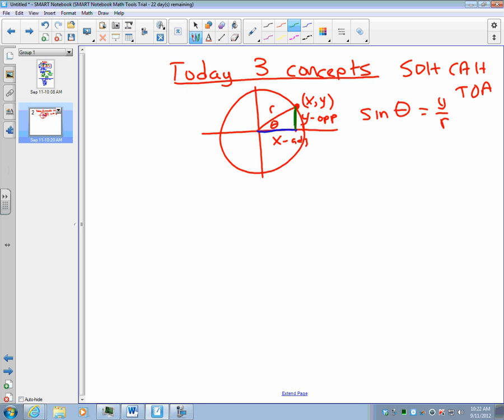Okay, so sine would be opposite over hypotenuse, which is y over r. Cosine would be what? Adjacent over hypotenuse, which would be, in our case, what? X over r. Okay?